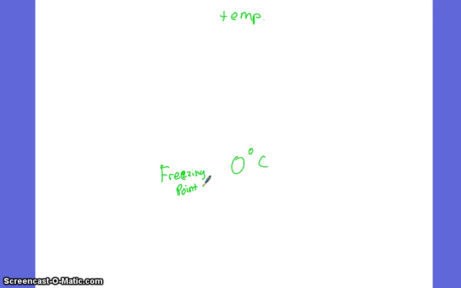Going all the way up, your body temperature in Celsius is about 37 degrees Celsius. Going way, way up, and I didn't graph this out very well, this is body temp. 100 degrees Celsius is where water boils.